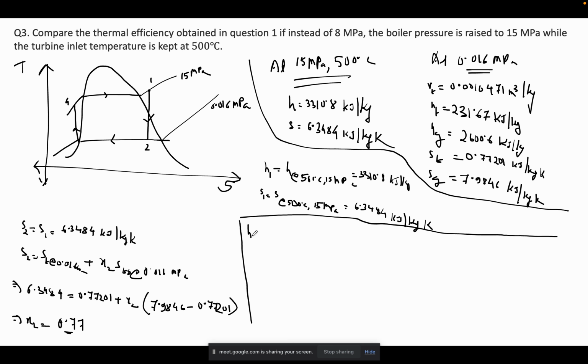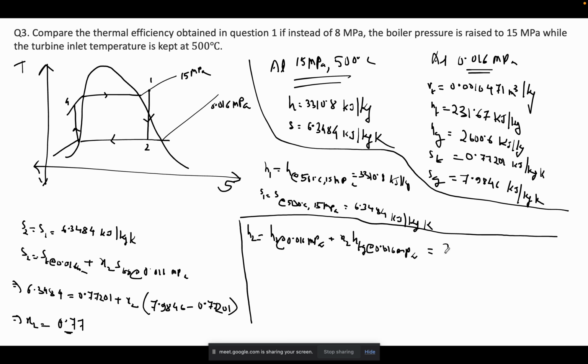So then from that I can calculate H2, which is nothing but HF at 0.016 megapascal plus X2 times HFG at 0.016 megapascal. Okay, so that will be your 0.77 into (2600.6 minus 231.67) plus 231.67.